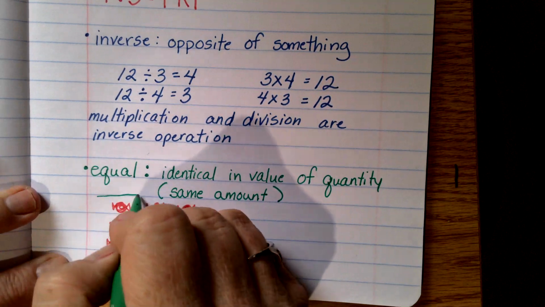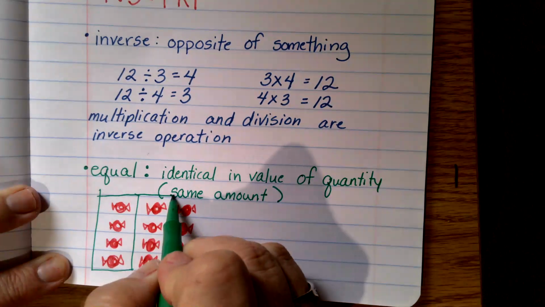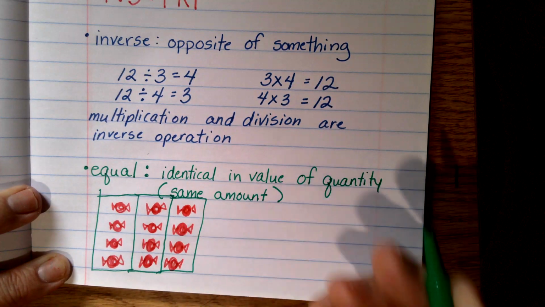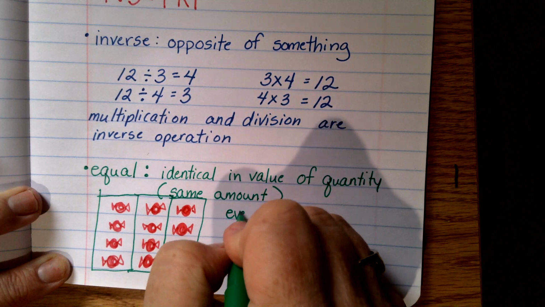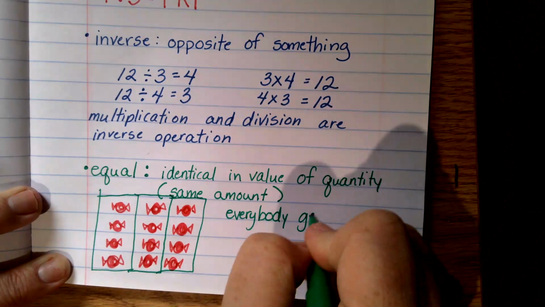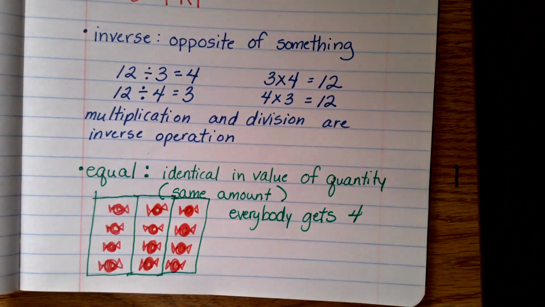then they're all going to be the same size and each person is going to get the same amount. So 12 divided into 3 groups means that everybody gets 4. And like I said, you have to pretend like they're all the same size. So it's the same value.